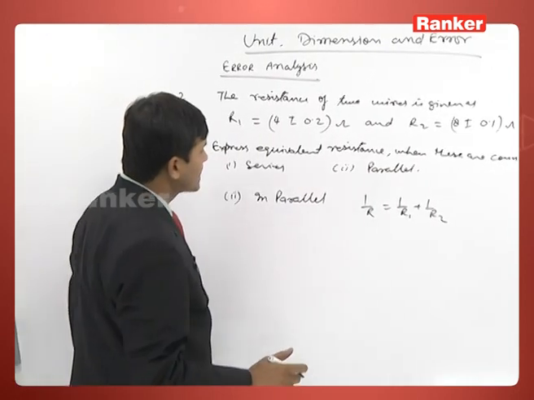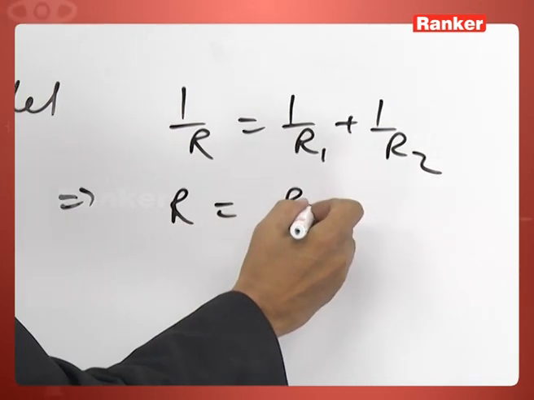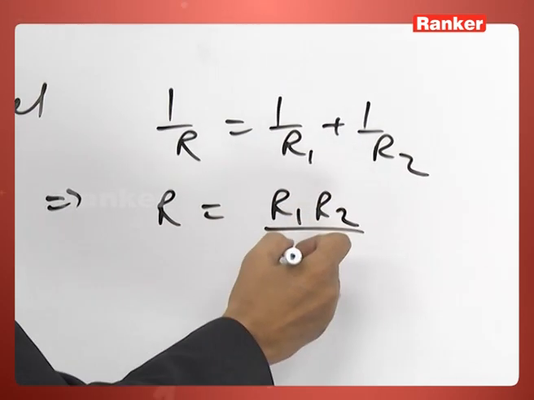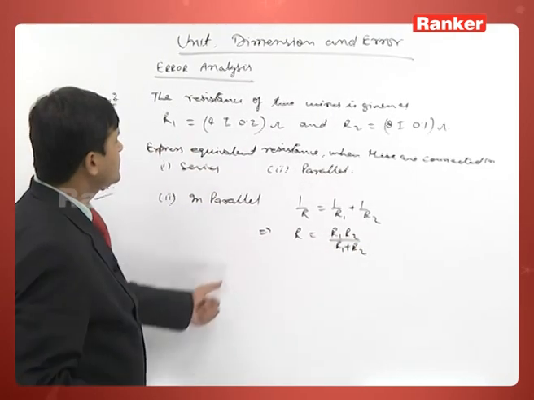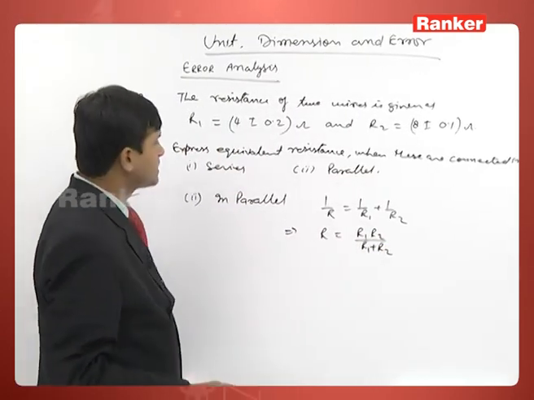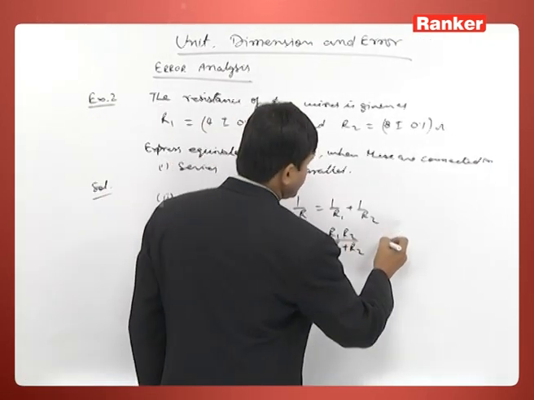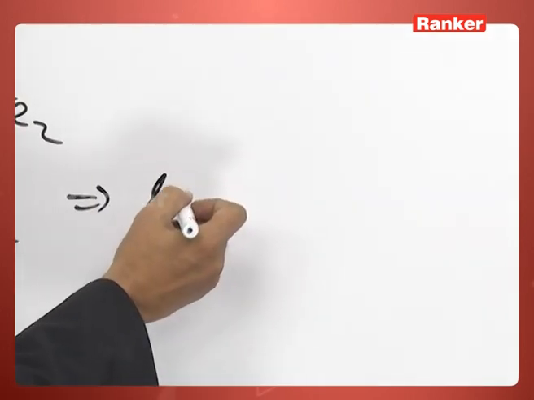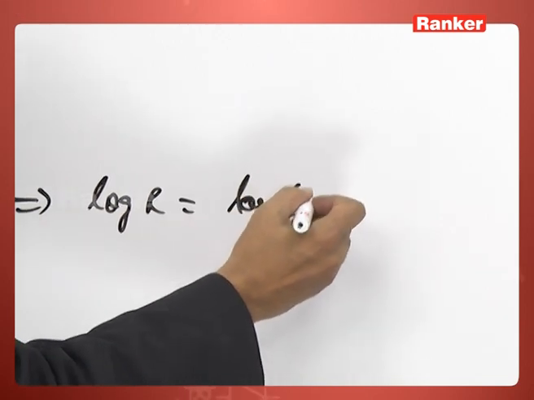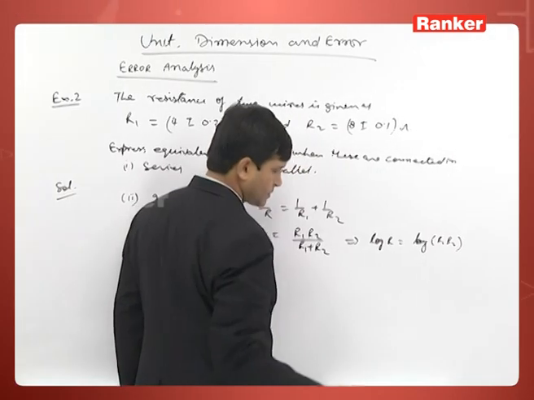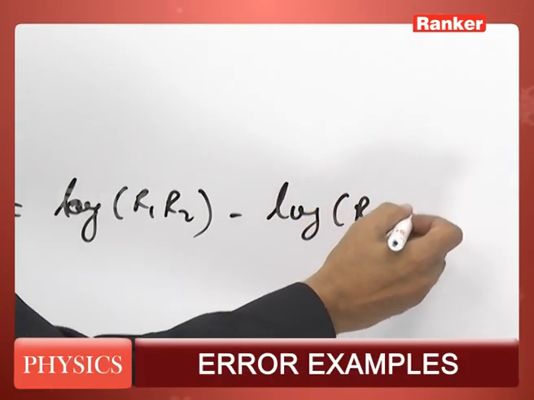So now it can be expressed like this: R is R1 R2 by R1 plus R2. This we can solve by using the differentiation method. See, we can write log R is log R1 R2 minus log R1 plus R2.